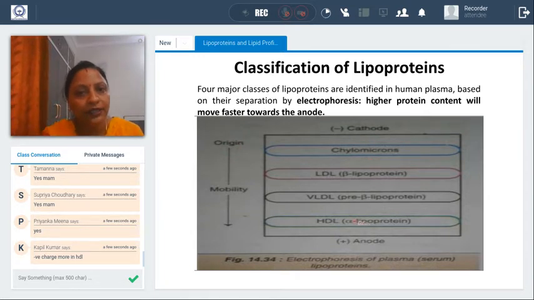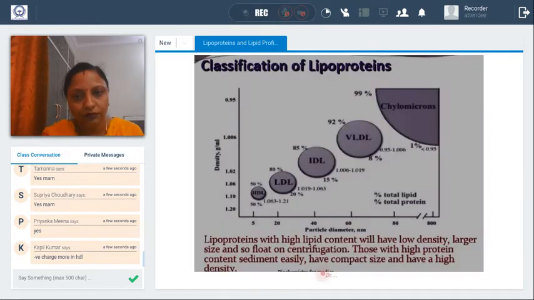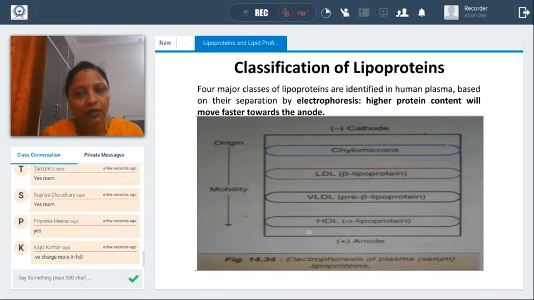And one another category is IDL. You can see here this IDL. So 5 major classes of lipoproteins are identified: chylomicrons at the origin, then beta lipoproteins LDL, VLDL pre-beta lipoproteins, and HDL alpha lipoproteins.